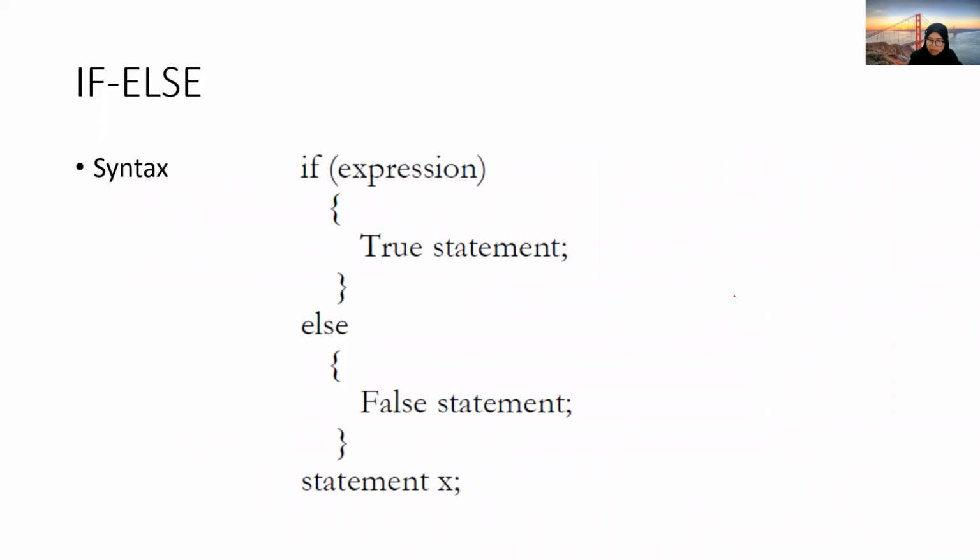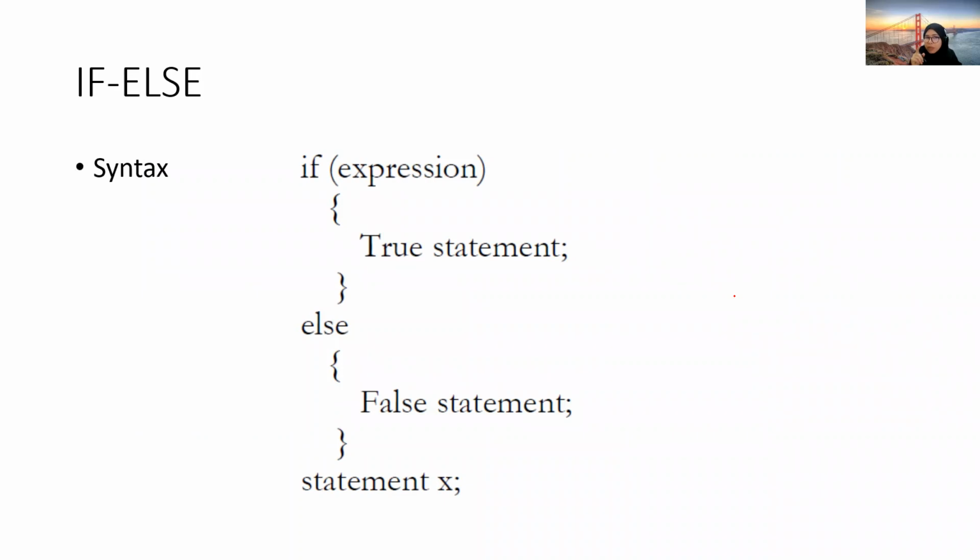Now, let's look at the next one. Just now, we have only one condition. If that condition is true, then it will be evaluated, and the other statement will also be evaluated. Kalau kita ada satu condition tadi, kalau dia benar, kalau dia true dalam bahasa Melayu, benar lah kan?